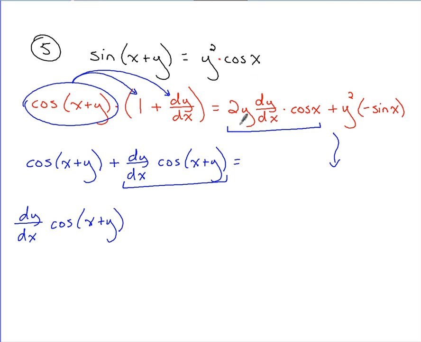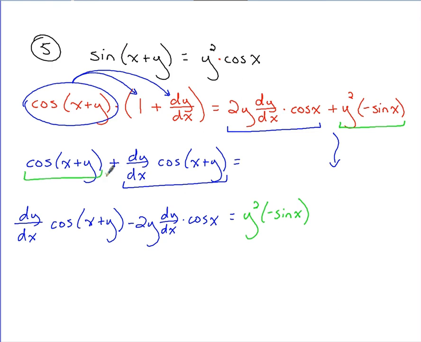I want to bring this part over as well, so I'm going to subtract it over. As far as what that equals, well, that's going to equal basically the other pieces, right? I've got this piece that's already on the right side, y squared times the negative sine of x. And if I go back to this step here, I see I have the cosine of x plus y that was over here. I need to subtract that over.